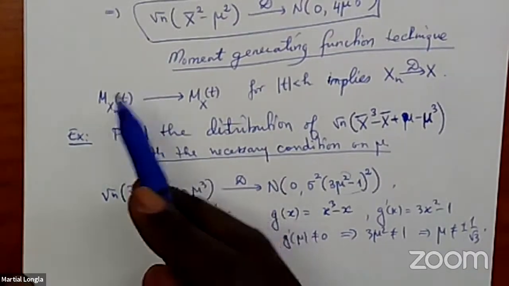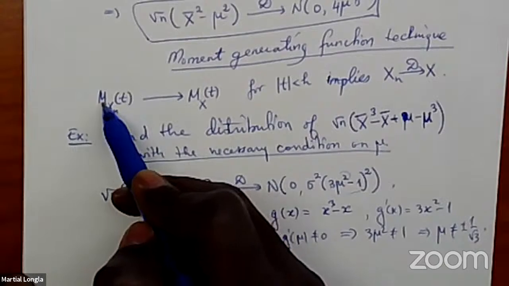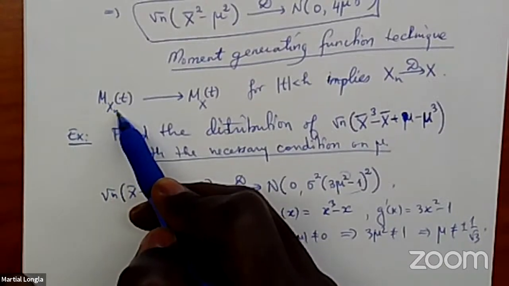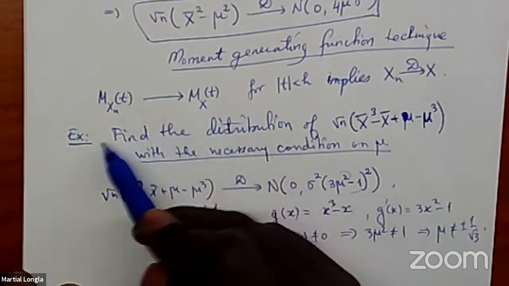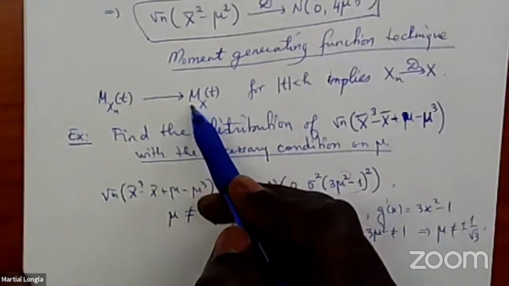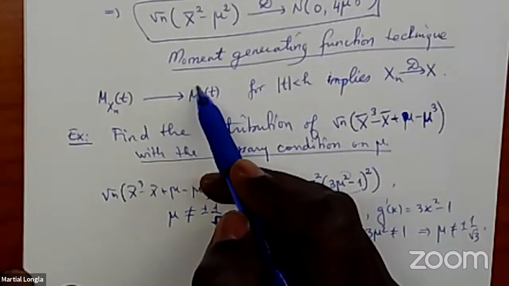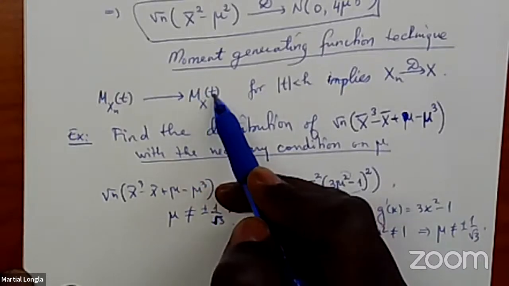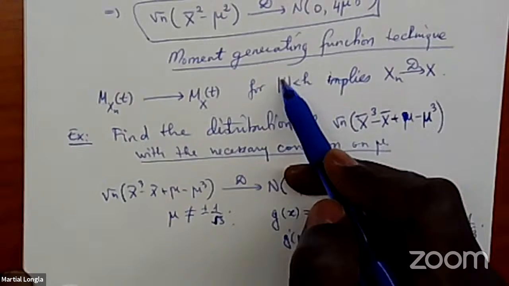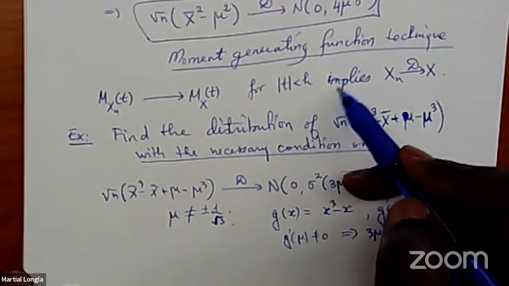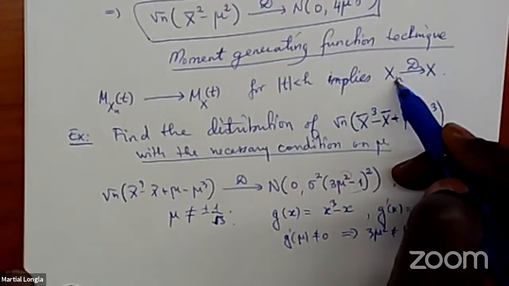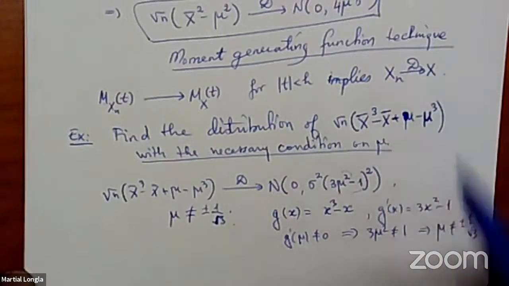The theorem is that if the moment generating function of xn at t converges as a function of t to the moment generating function of x at t for all t such that the absolute value of t is less than h for some h, then that implies that xn converges in distribution to x.